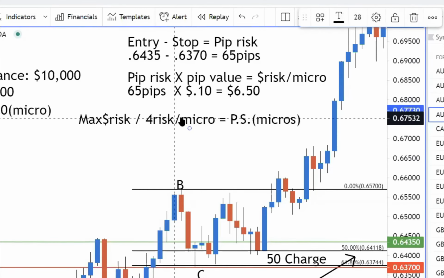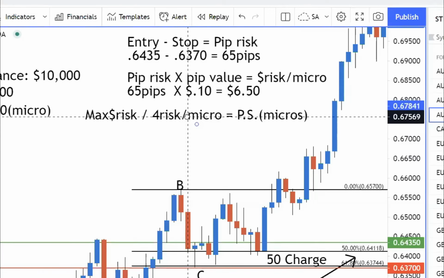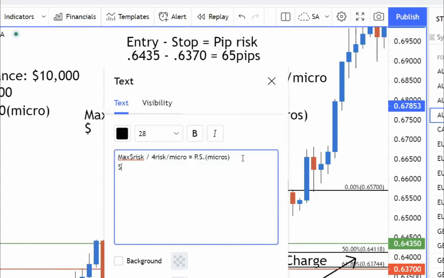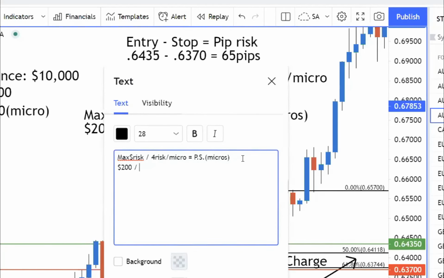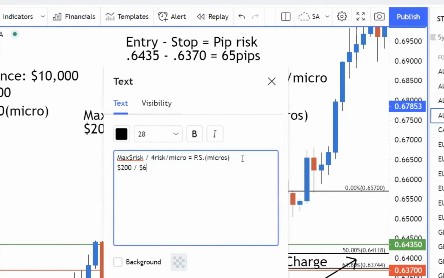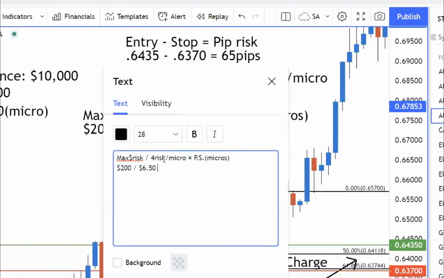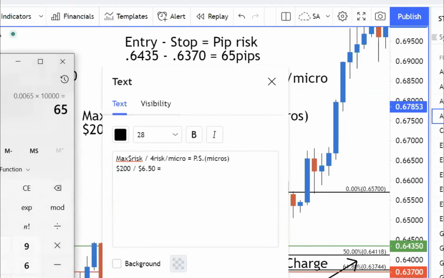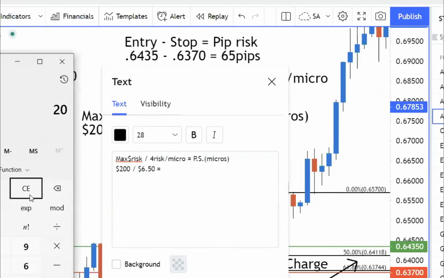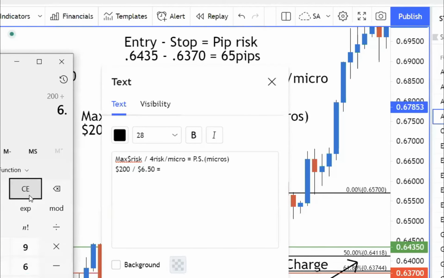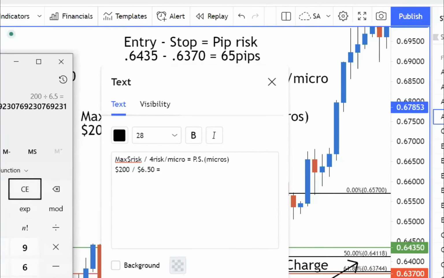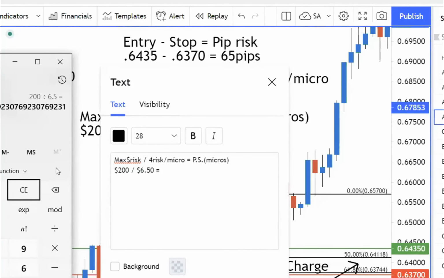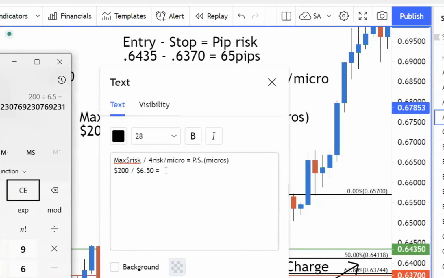So if the max dollar risk is 200, each micro has a risk of $6.50. 200 divided by 6.50 gives us this many micros, right? So 30.77.